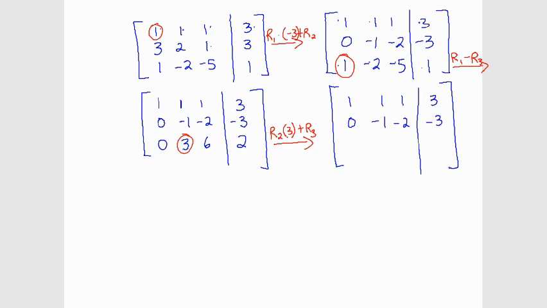So row 2 is not changing, so 0 plus 0, that's fine, 0. -1 times 3 is a -3, plus a 3 gives me 0, precisely what we want. But now here's the problem. -2 times 3 is -6, plus the 6 also gives me 0. And for good measure, -3 times 3 is -9. -9 plus 2 is -7, and we don't have a value where we can get this to be 1.